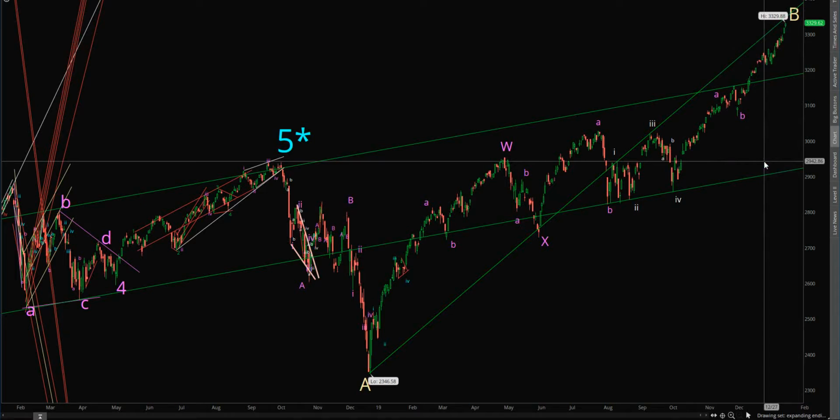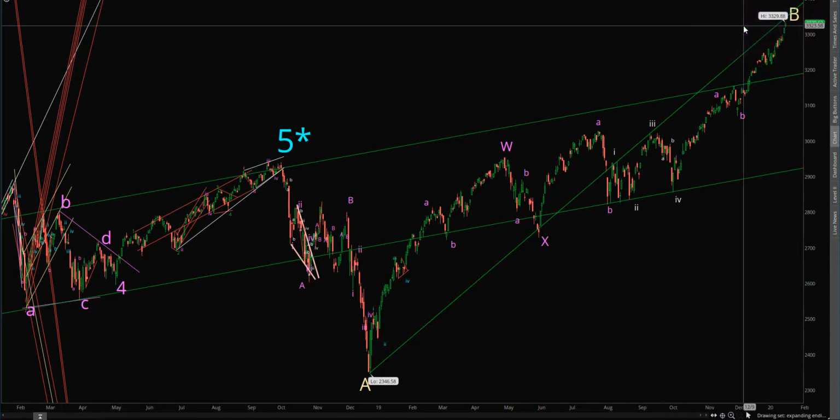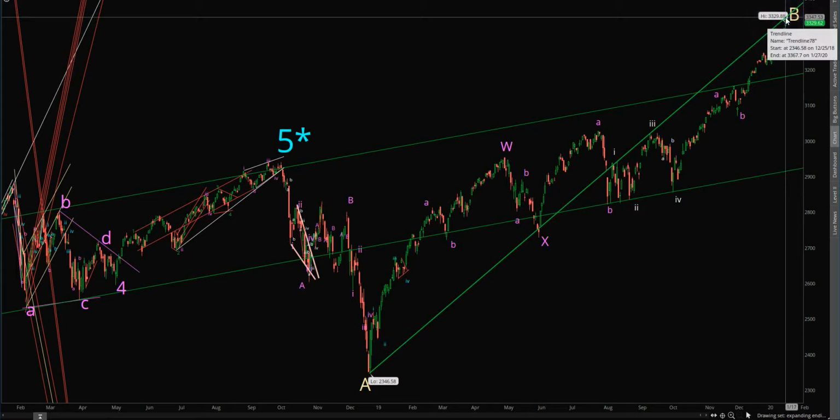We don't know if it will actually touch the trend line, overshoot it, or fail to touch it. I don't know that, but I think we're pretty close to the trend line, so you should be extremely careful here.